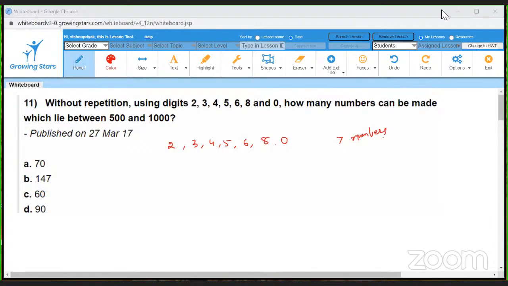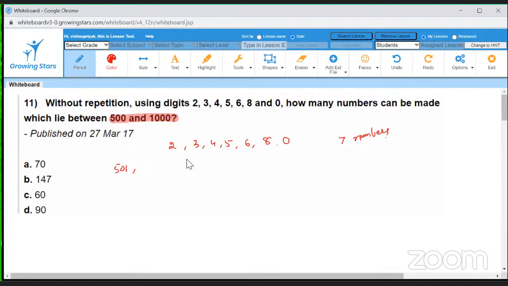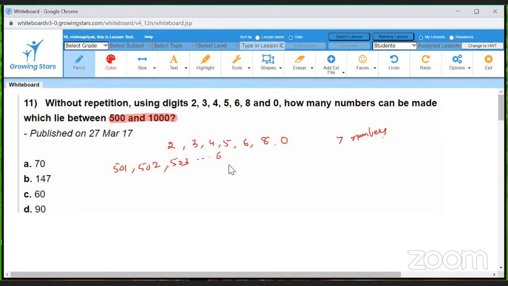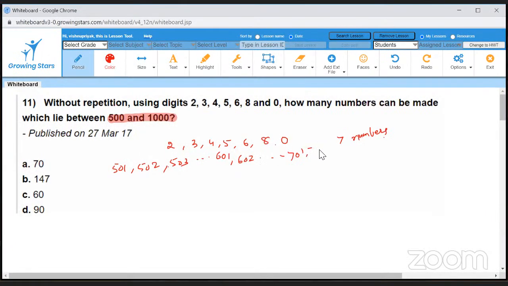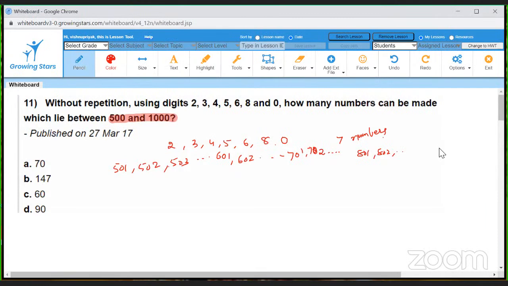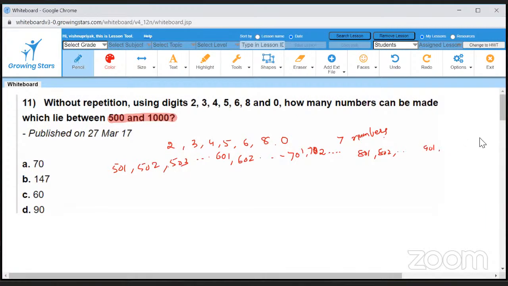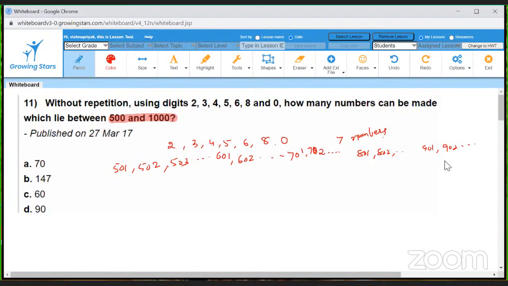Now, next is when you are making numbers between 500 and 1000: 501, 502, 503, like that, 601, 602 continues, 701, 702, it continues. Then 801, 802, 901, 902, like that until 999.